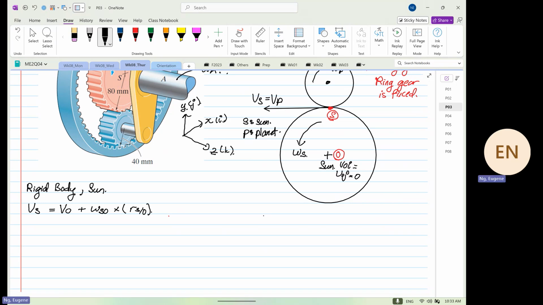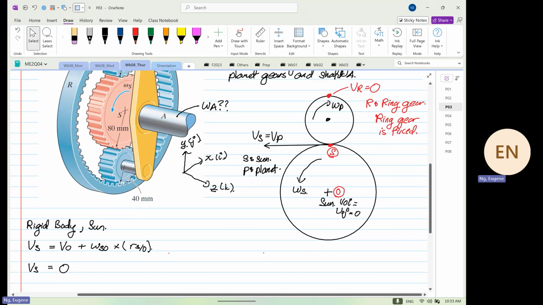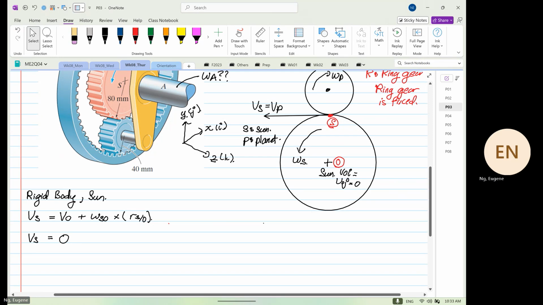So this will be equal to velocity of the sun, 0. And then omega S, are we given omega S? 5, going in an anti-clockwise direction, plus 5K cross O to point S.